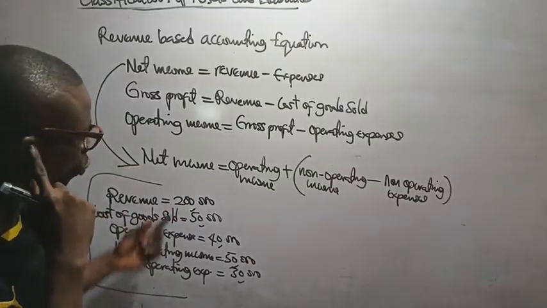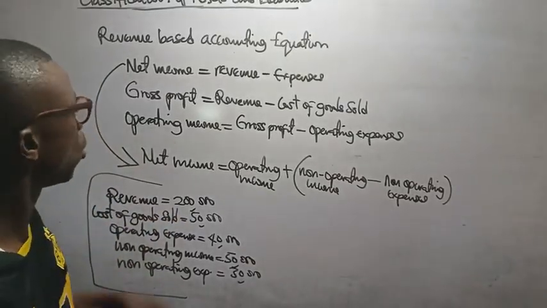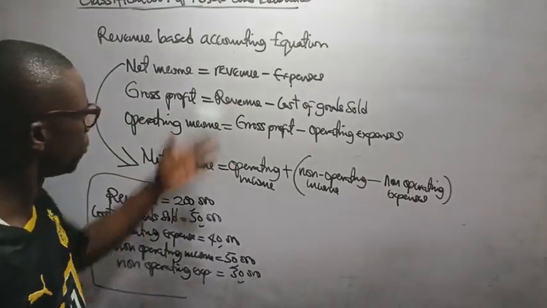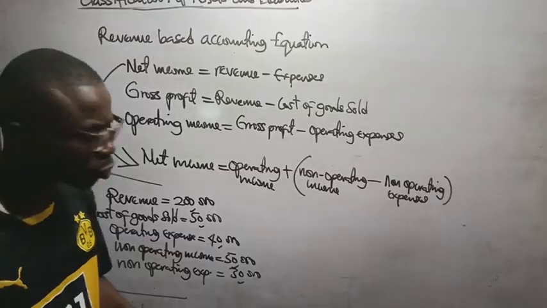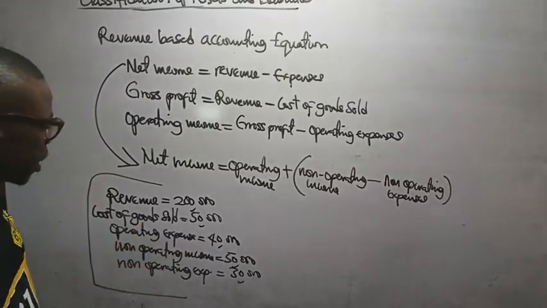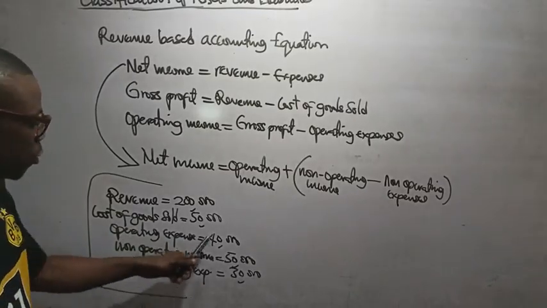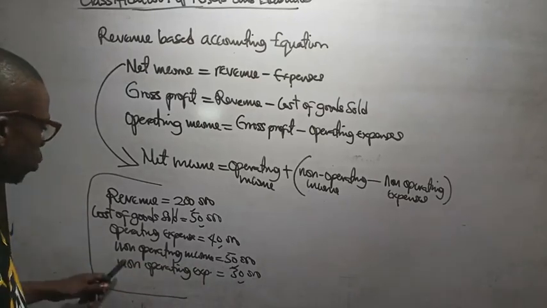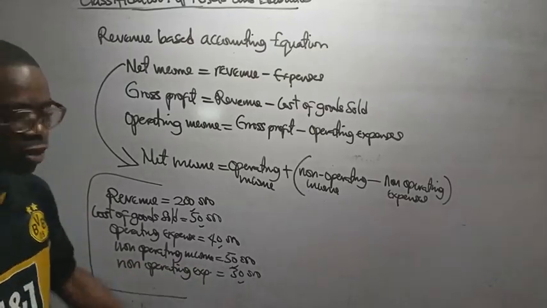We use this information to do some calculation based on the formula we have done now. So let's say we have your revenue 200,000, your cost of goods sold 50,000 naira, your operating expenses 40,000 naira, non-operating income 50,000 naira, non-operating expenses 30,000 naira.